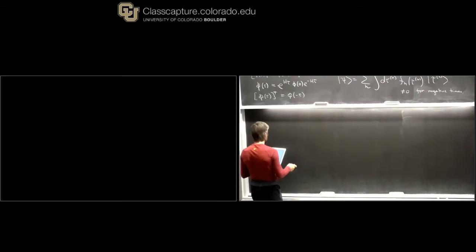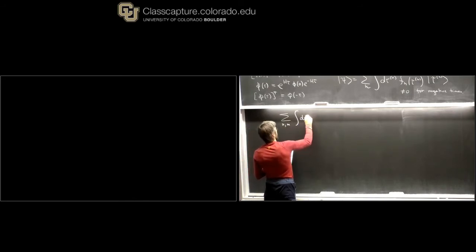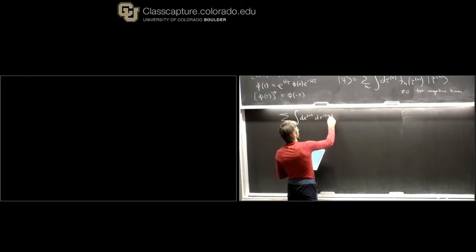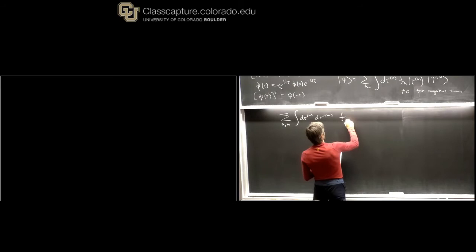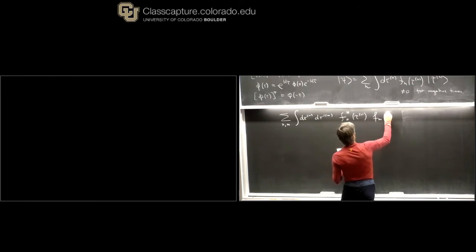So I have this constraint that the sum over n, m of the integral dτ_n dτ'_m f_n complex conjugate of τ_n, f_m of τ'_m.